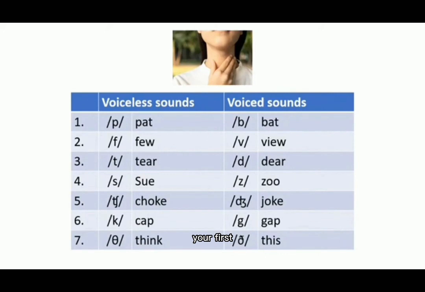The voiced j, jug. 6. The voiceless k, cup. The voiced g, gabbin. 7. The voiceless th, think. The voiced th, this.